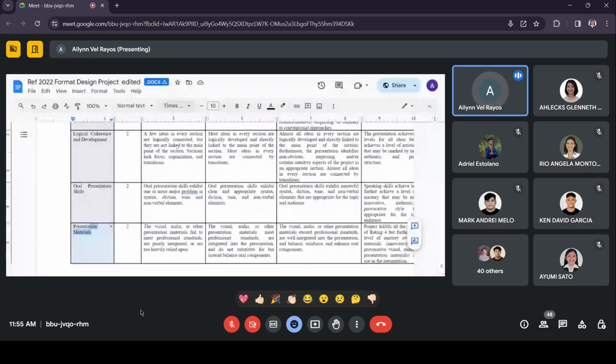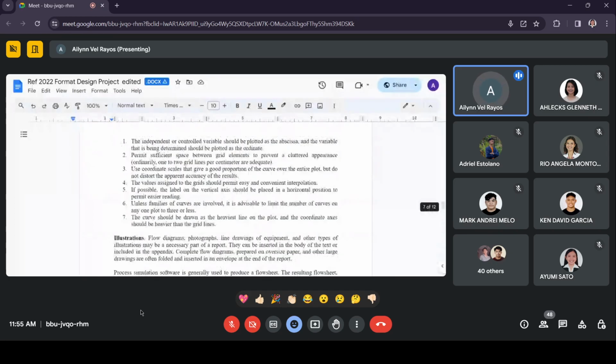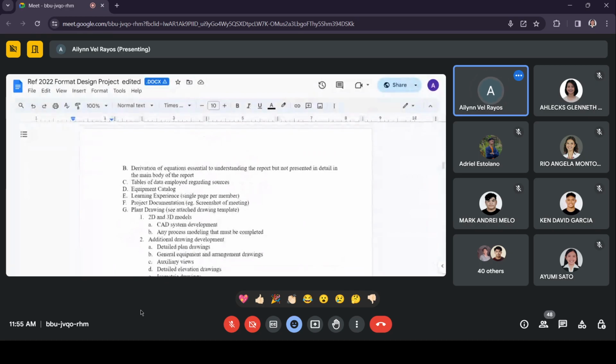So ito naman is nakalagay din doon sa part ng appendices natin, wherein kailangan talaga isa-isahin kung ano yung nandito. So ito, learning experience, single page per member, and also you need to write the contribution of each team member, not only for this proposal, but also for the whole final design project na nagawa nyo.